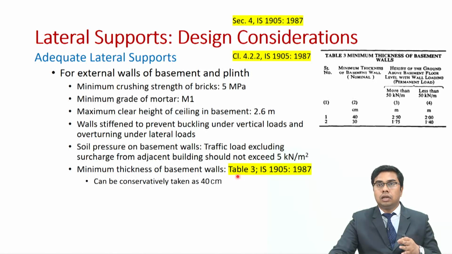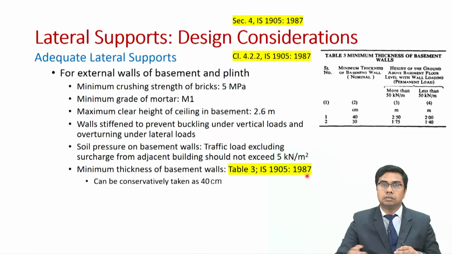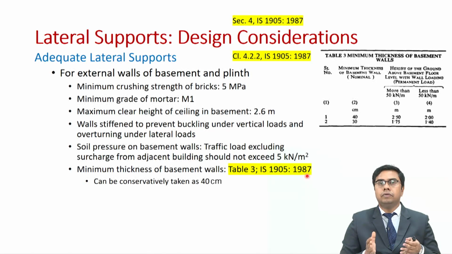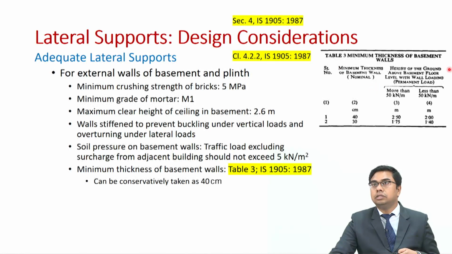The basement wall has to be approximately 40 millimeter thick. Table 3 of IS 1905 gives us more detail about the minimum thickness, which in some cases may be 30 mm as well, but conservatively please consider the minimum thickness of basement wall to be 40 mm. Now, this very table, as you can see, has given the minimum thickness of basement wall as 40.